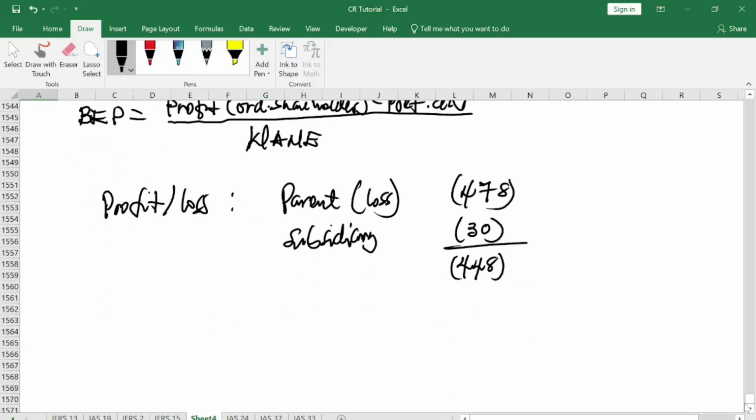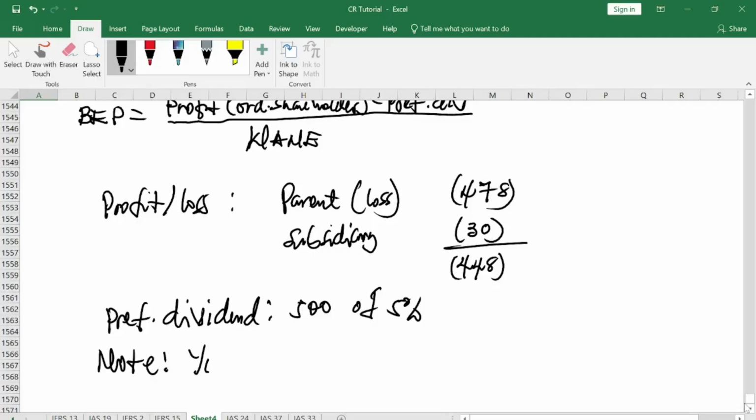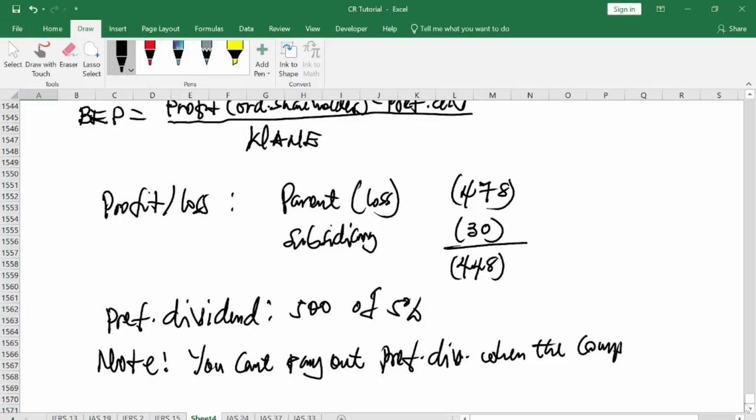Now let us also test for preference dividend. When we look at the preference dividend, we have 500,000. So I hang 3 zeros, at 5%. That would have been our preference dividend. But remember, you cannot pay out preference dividend when the company made a loss.